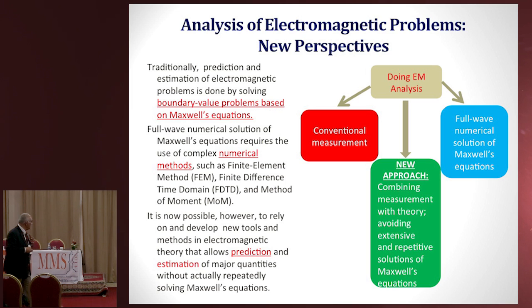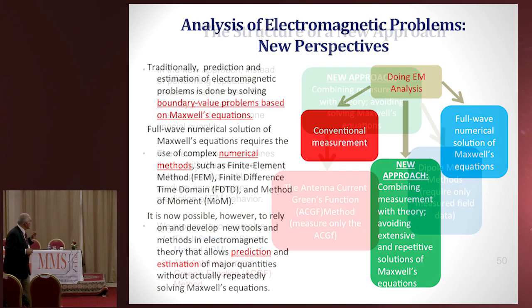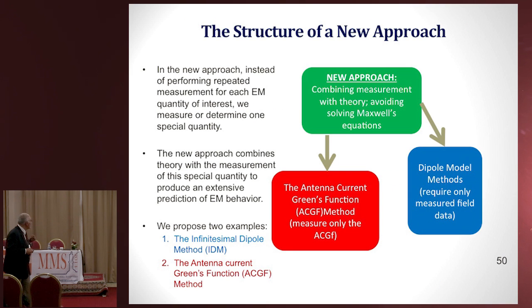In the new approach, you combine the measurement with the theory, and you can actually do quite a bit of things. And one advantage is that once you do that, you don't have to keep solving Maxwell's equations every time you do the problem. I'll explain in a second how that works.